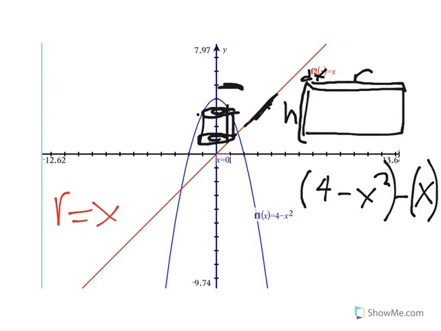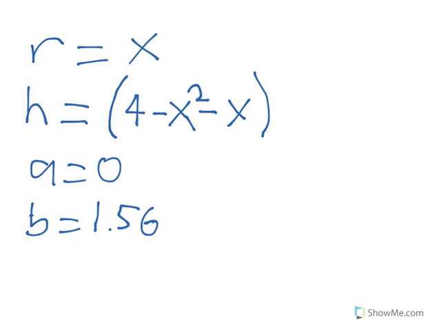We know this because r equals the x distance away, and x is not a constant, it's always changing, so we just leave it as r equals x. So now we have the four things that we need to put into the equation.